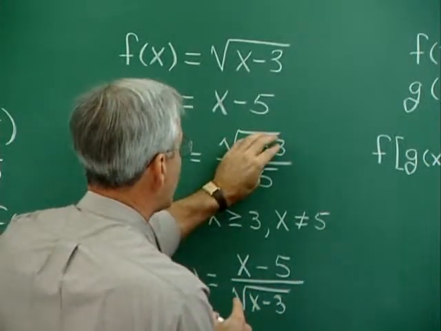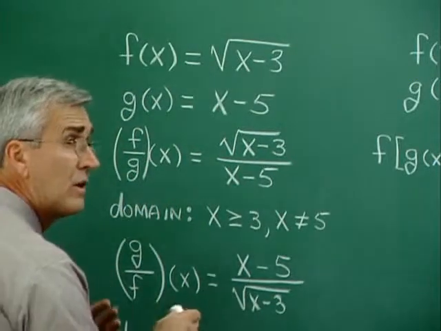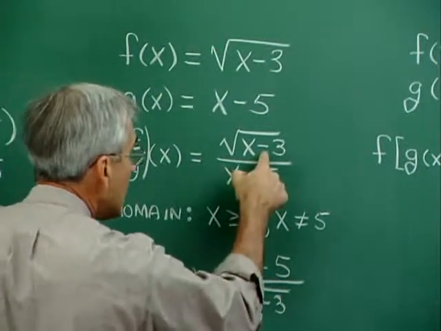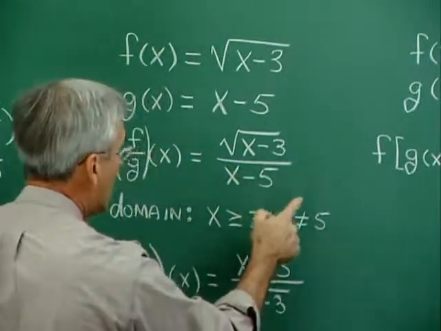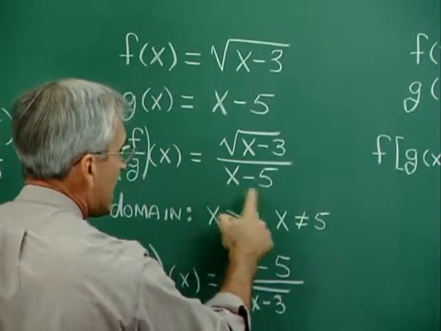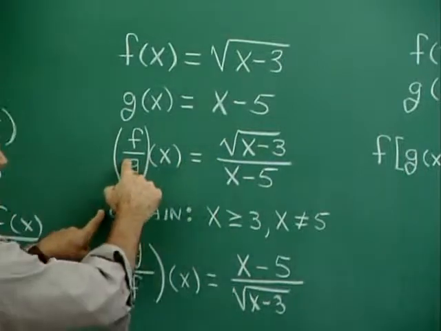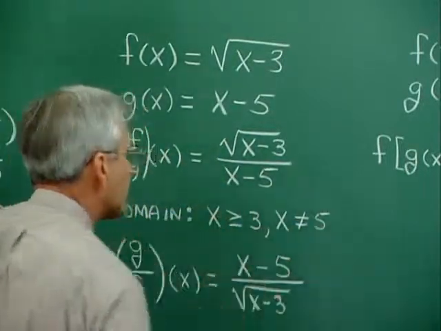And the values of x that will cause the radicand to be positive or 0 are values of x that are 3 or greater than 3. So x is greater than or equal to 3 for the domain of that numerator. And the denominator has a limitation as well. The limitation is that x can't take on the value 5. So the domain then of this quotient function would be this.